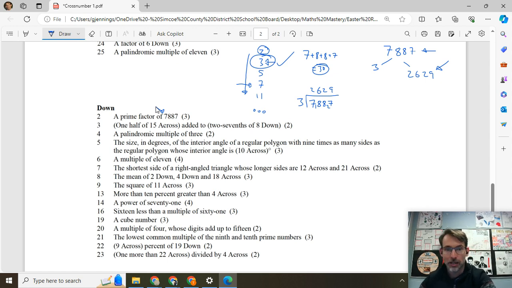So I take 2629, and I subtract something that I know to be close that I'm sure is divisible by 7. That's going to leave me 529. And then I'm going to subtract something that I know to be divisible by 7 as well.